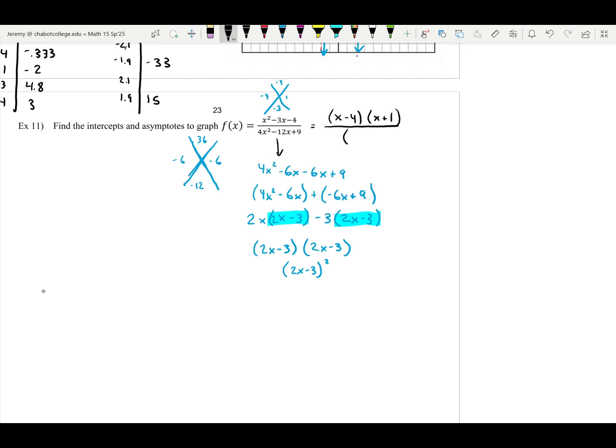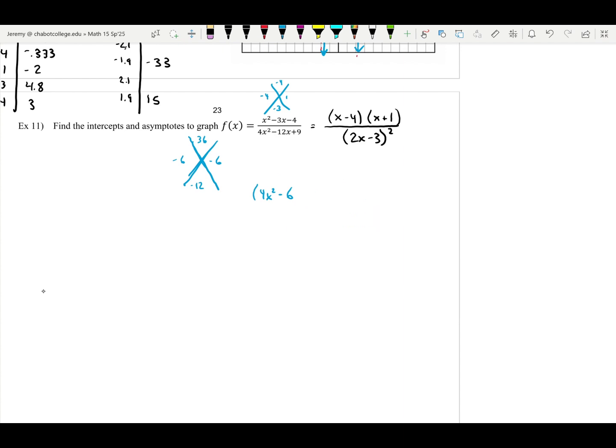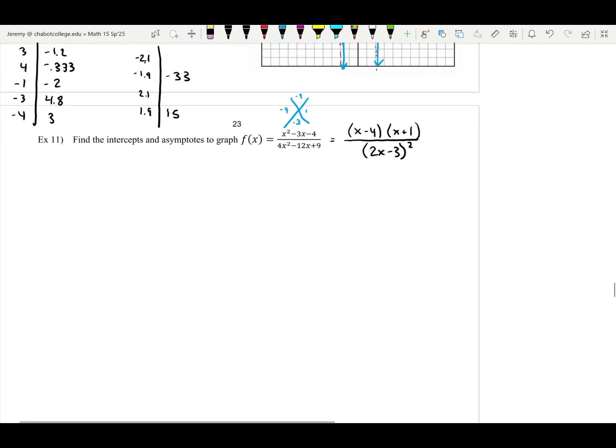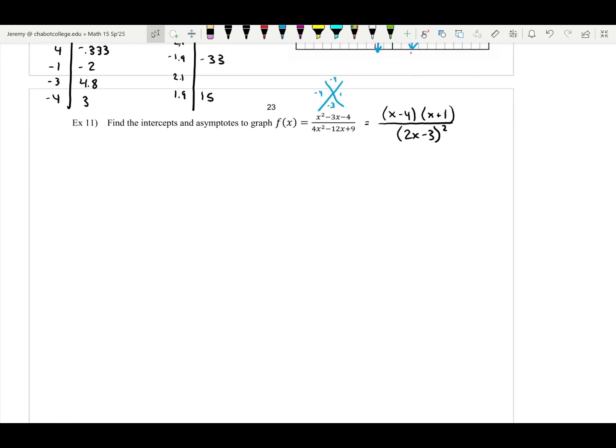So that's what I'll write up here. 2x minus 3 squared. So I'm going to take this out and clear up some space.